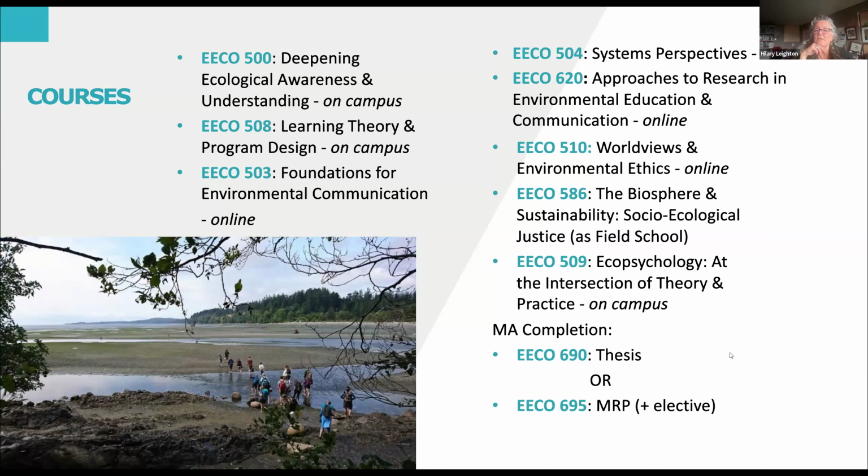And then the completion is either a thesis, which is 12 credits, or a major research project we call MRP with an elective. So a 9-credit project and an elective, and that gets you your 36 credits for the whole program. Next slide, please.